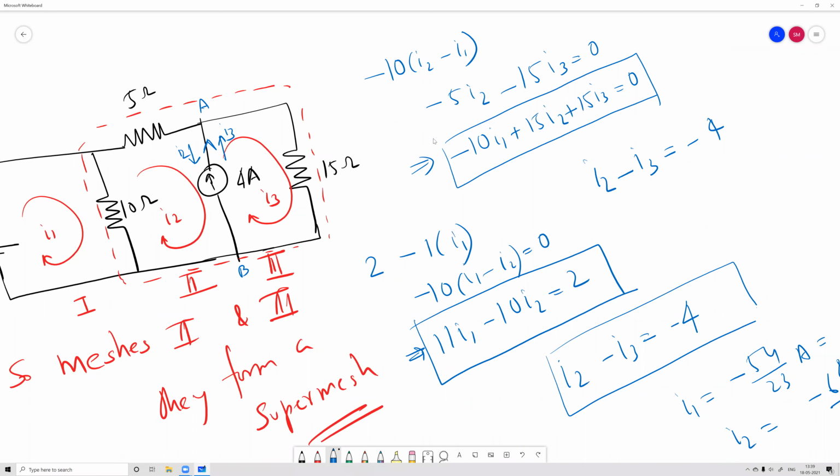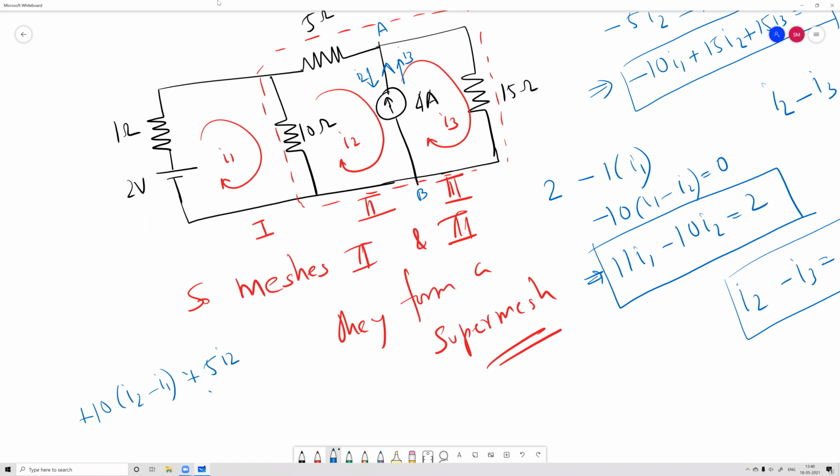Minus 10 into I2 minus I1, plus 5 I2, plus 2, minus VAB, that is 0. And the problem is that there is no direct voltage-current relationship for this VAB. You cannot write it as 4 amps multiplied by something. You understand the problem?